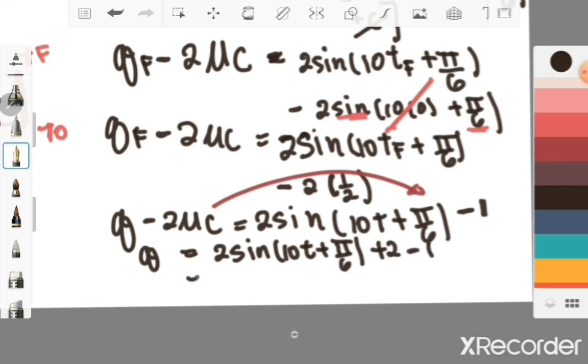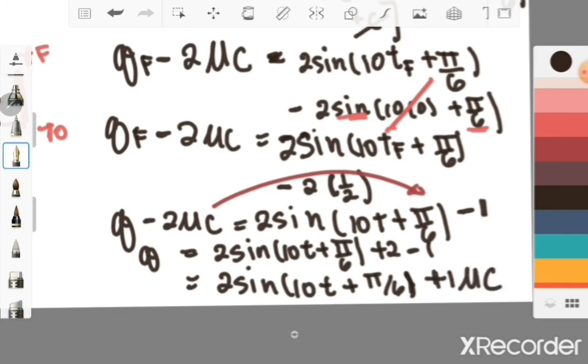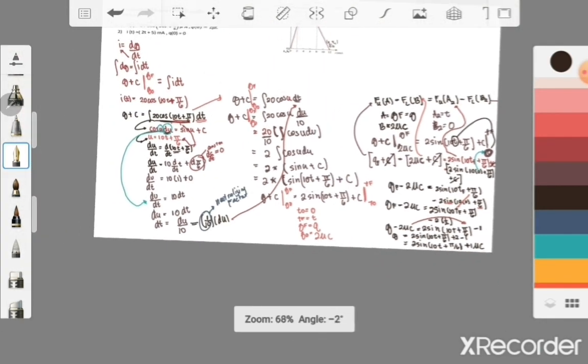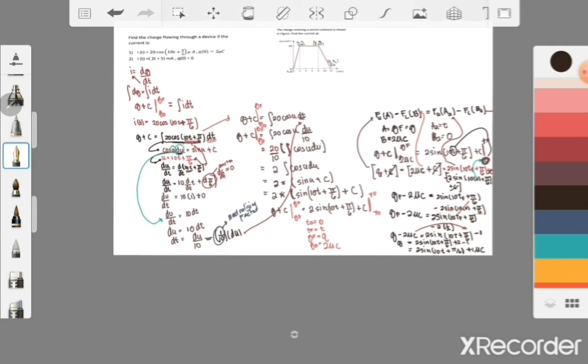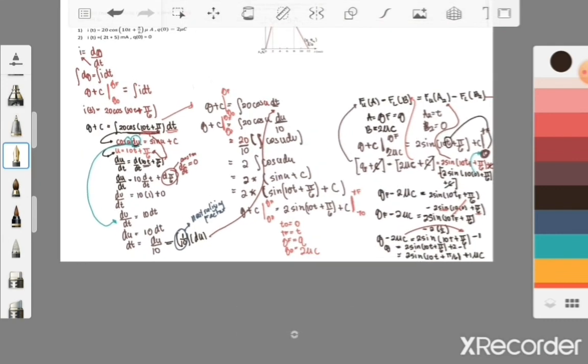So therefore your Q is equal to 2 sine 10t plus pi over 6 plus 1 microcoulombs. Okay? That is for our example number 1. Di ba mahaba, guys? Okay? That would be our answer.